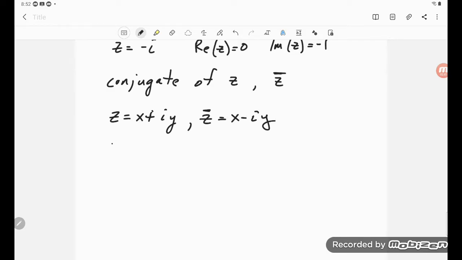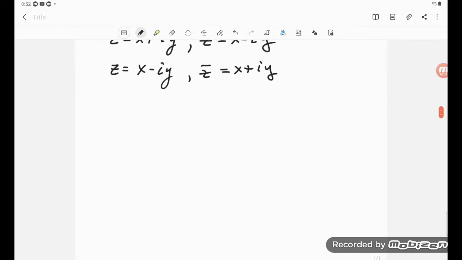Now, similarly, if Z were to equal X minus IY, which is not standard notation, but if you were looking at something like that, then Z bar would be X plus IY. And so from that we get some very nice properties.